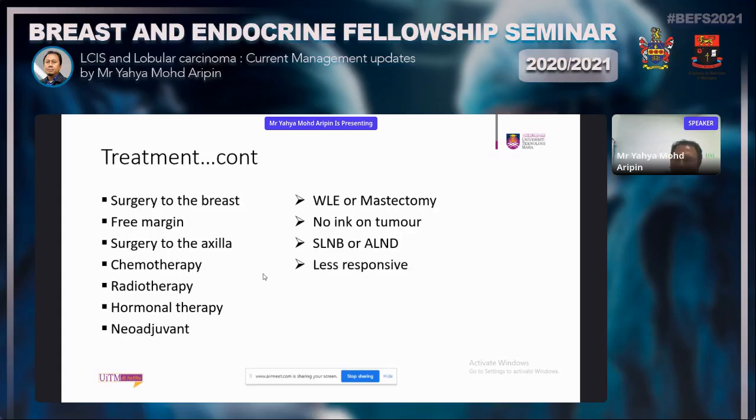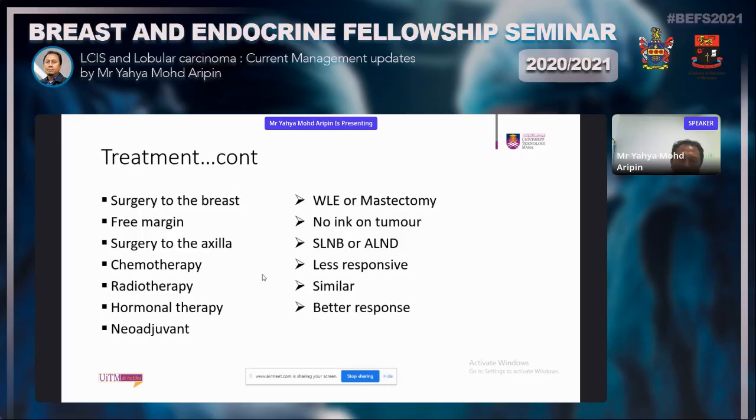Chemotherapy, yes, oncologists will probably give chemotherapy, but they tend to not be very responsive to chemotherapy. This is because, remember, the proliferative index is low. It is not that aggressive a tumor, so it is not that responsive to chemotherapy.